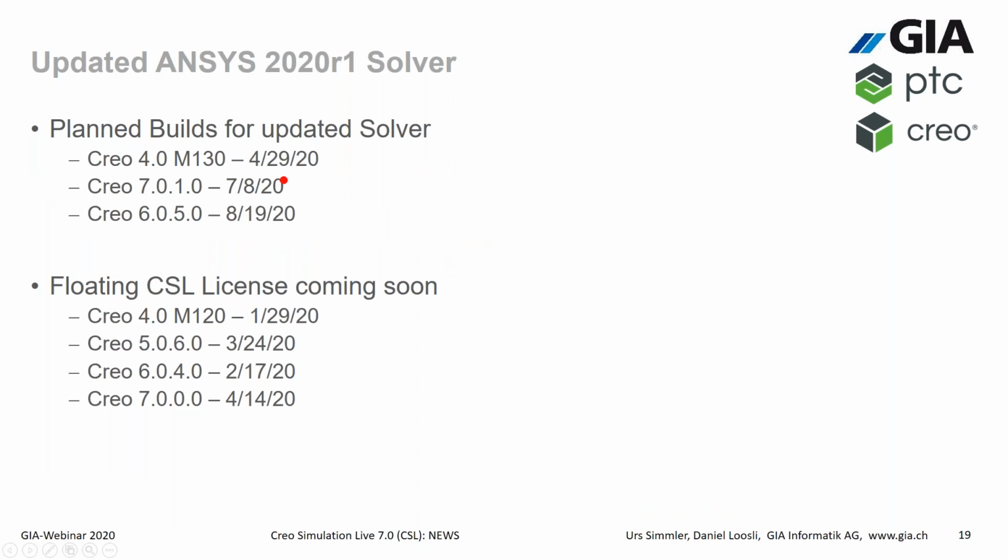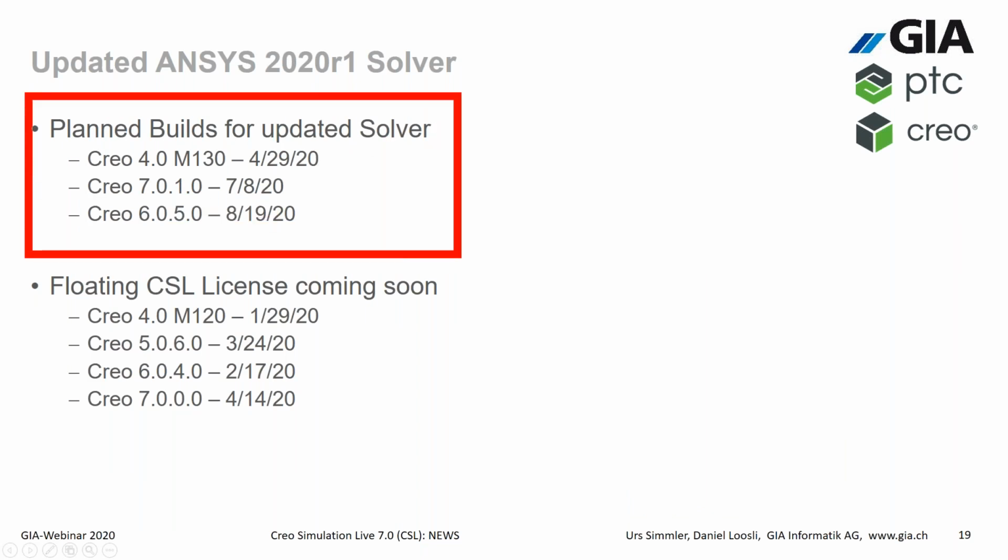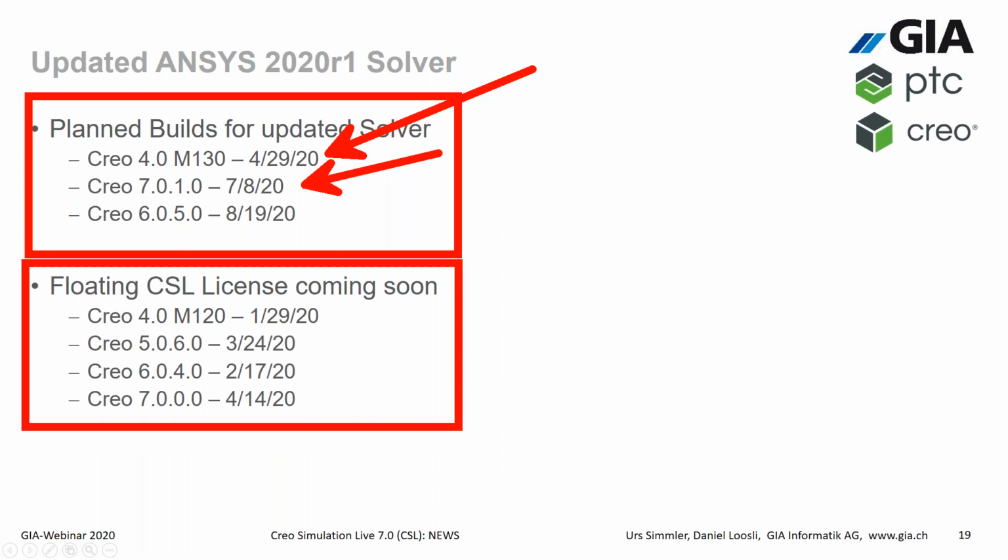We'll see that the new solver will be available in Creo 7 in about 3 months, and in Creo 4, it should be available at the end of the month. By the way, for those customers who like to use floating licenses, the floating licenses are also available since about 1 or 2 months.